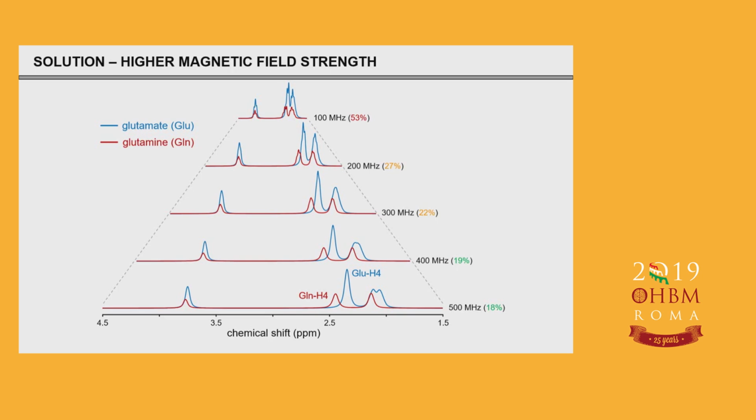So basically, just going to a stronger magnetic field pulls these frequencies apart, and you can separately detect them. Now, this is an expensive solution, as I mentioned before, but it also doesn't work all the time. For example, GABA and creatine will be perfectly overlapping at every field, so this is not a solution.